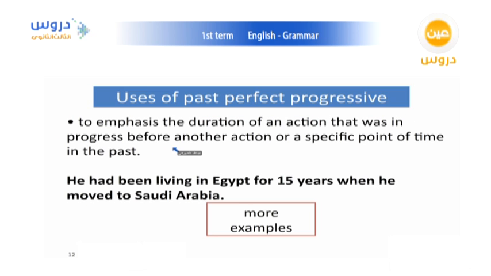Let's now move to the past perfect progressive. We use this tense to emphasize the duration of an action that was in progress before another action or a specific point of time in the past. He had been living in Egypt for 15 years when he moved to Saudi Arabia. So we have here had been living, this is the first action, and when he moved.